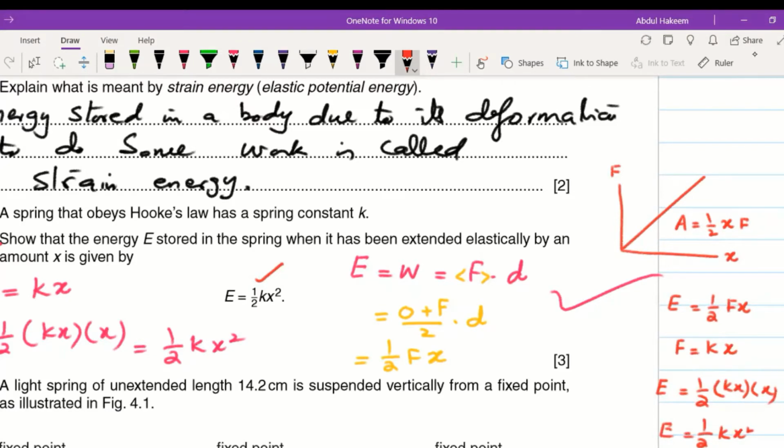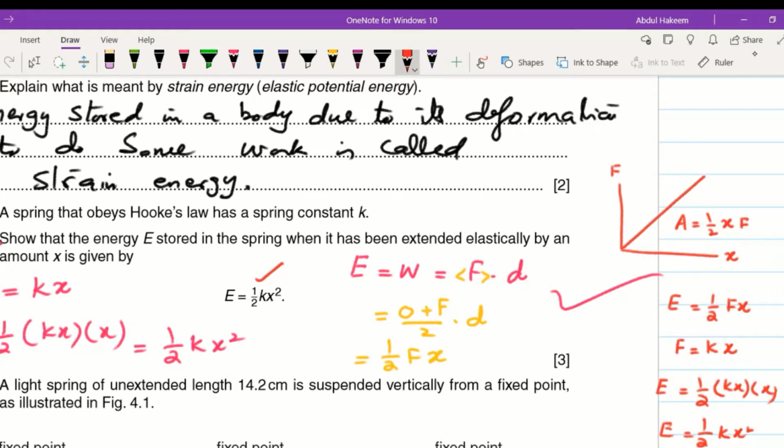This energy, elastic potential energy, is equal to work, and the force is not fixed. We start from zero and continuously increase the force. So average force multiplied by distance covered by the spring. The average force, initial 0, final F, is F divided by 2, and the distance covered is extension x.